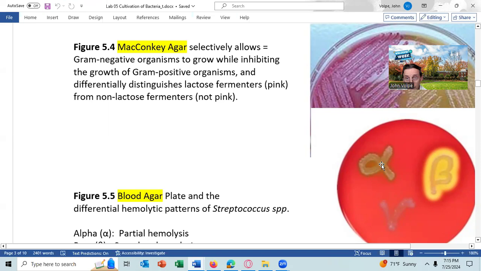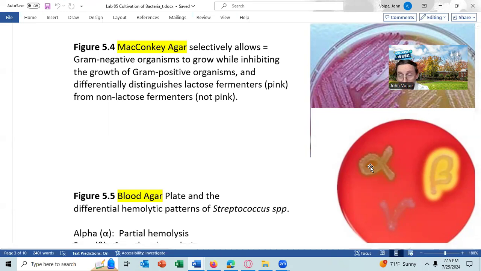The alpha is the whitish or off-white bacteria growing, and that dark ring is the partial hemolysis of the red blood cells that appear dark. You can see inside the alpha, that region is totally dark. Any questions about alpha hemolytic activity?